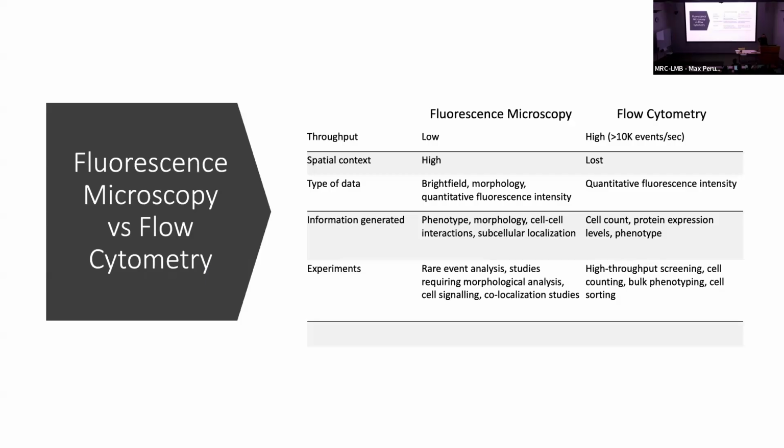So they can both be used together to gain a more complete understanding of the cell state, for example, or cellular function. In this sense, you could use flow cytometry to obtain really statistically robust data on a large population, or when purifying a population of interest for any kind of downstream workflows.